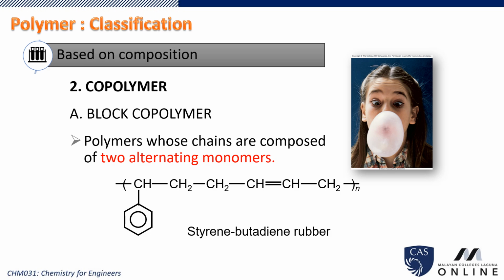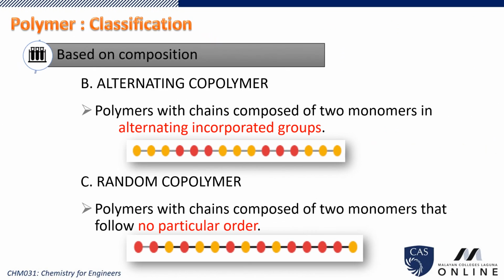Under copolymers, we have block copolymers. In block copolymers, there are long sequences of one monomer alternating with another monomer. This gives distinct domains within the polymer. An example of that is styrene butadiene rubber. Another form of copolymers are alternating and random copolymers.